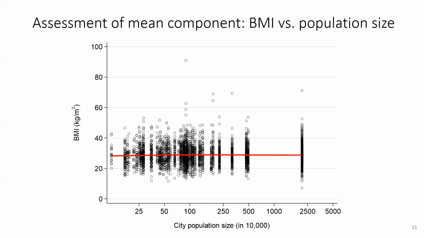And I plot it this way because sometimes when I was told 10 logged city population, I cannot tell what it means. So this is the reason why I change the x-axis into a log scale instead of using logged city population size. But we are going to see the same thing. Thank you for the question.